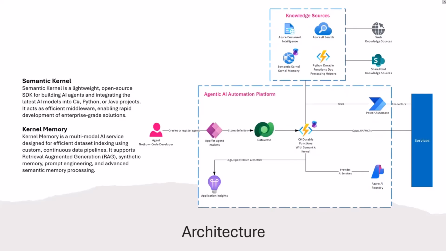It can trigger Power Automate flows, or it can be triggered by Power Automate flows or API calls. And it can also use external services via OpenAPI or MCP integration. That is also thanks to the Semantic Kernel's wide library of connectors.